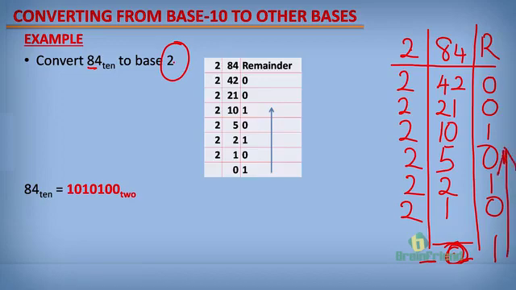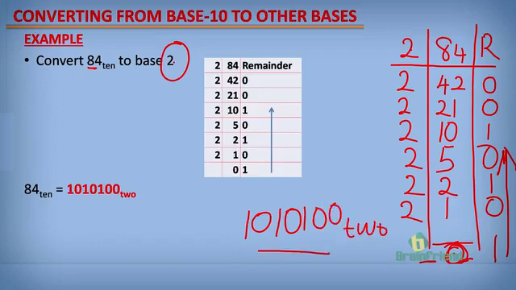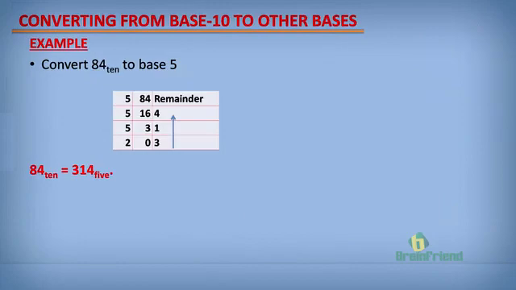So from the bottom, the first number we have is 1, 0, 1, 0, 1, 0, 0. So we have converted the number 84 to base 2: 84 base 10 is equal to 1010100 base 2.